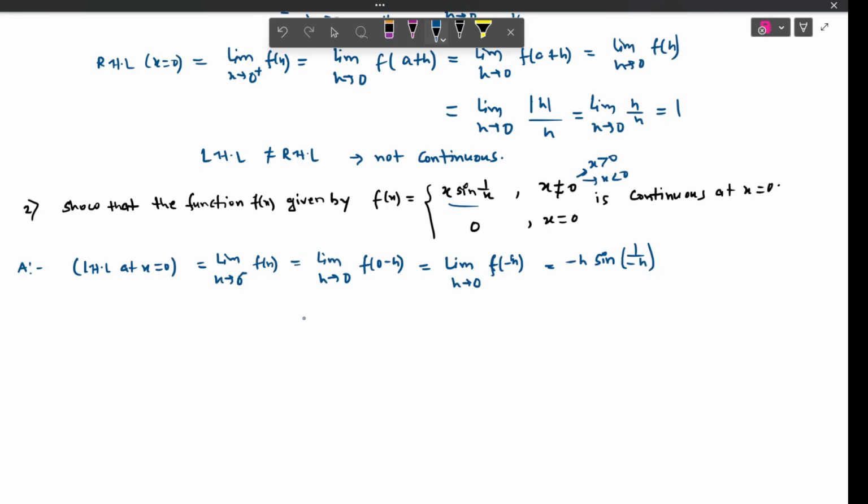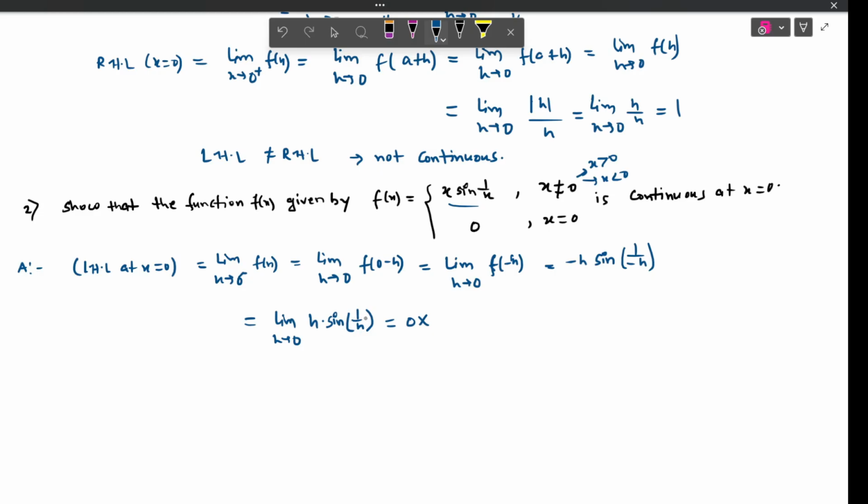Now see, limit h tends to 0, sine of minus h is minus sin h. So minus minus it would be plus. So it would be h into sine of 1 by h. That is h is 0 and sine 1 by 0, that is infinity.